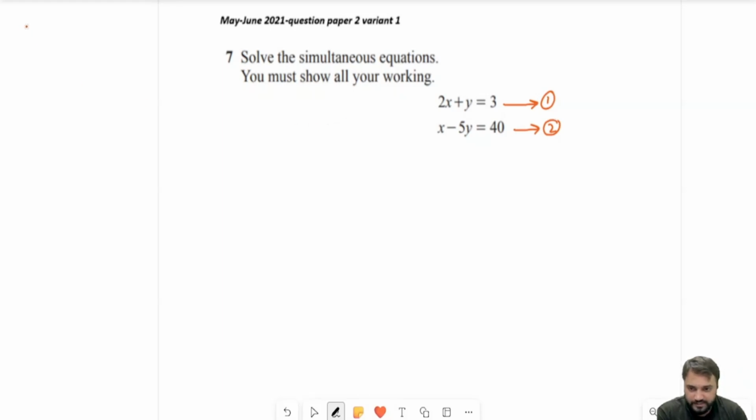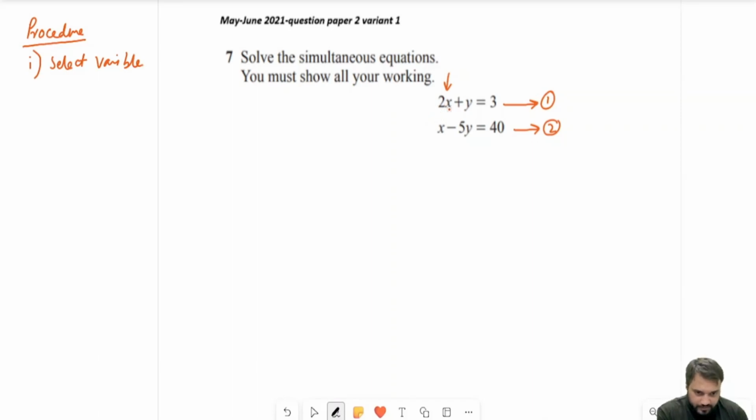The procedure is the same. I'm just going to recall the procedure and write it for you. The first step, select the variable. You need to select one of the variables, that is either x or y. I'm going to select the variable x.